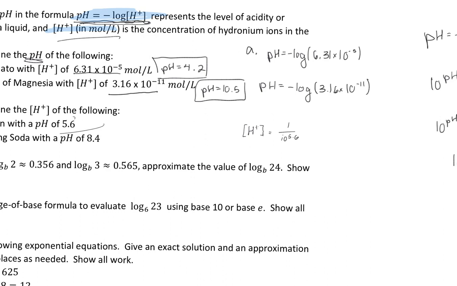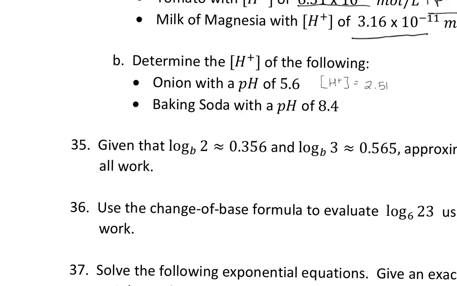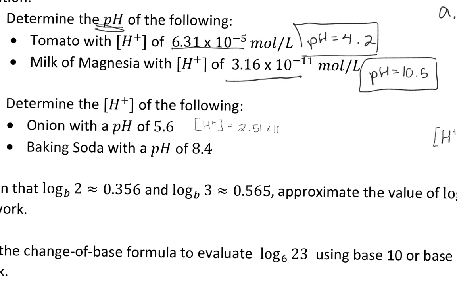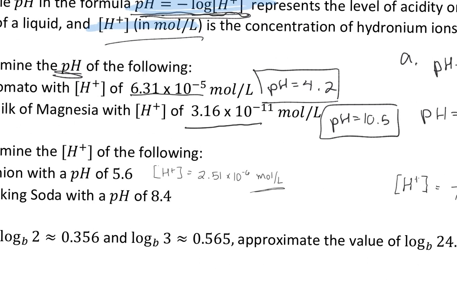And plugging that into our calculator is going to give us a concentration of H plus equal to 2.51 times 10 to the negative 6 mole per liter. And now make sure we have our units correct. pH doesn't have a unit, so we're good on that. But concentration should have a unit, so that's why the mole per liter is coming in.